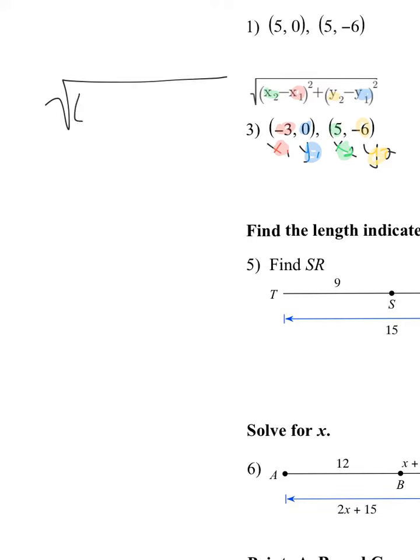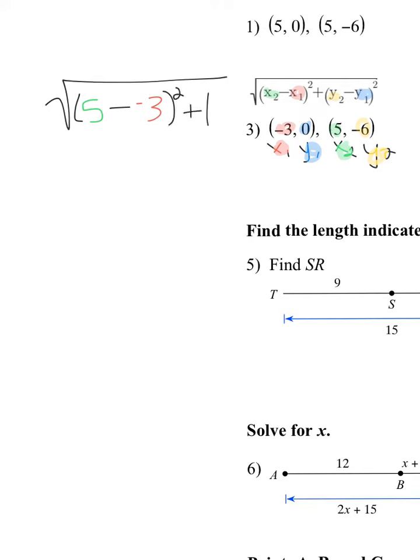All right, so my x2 is 5. I'm going to take 5 minus my x1, which is negative 3, and square that.